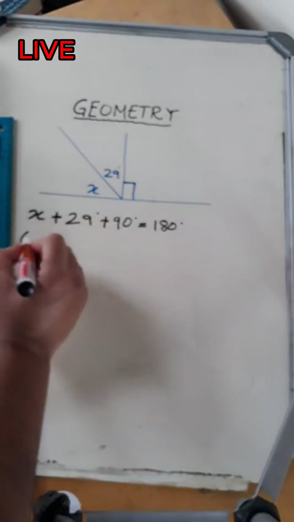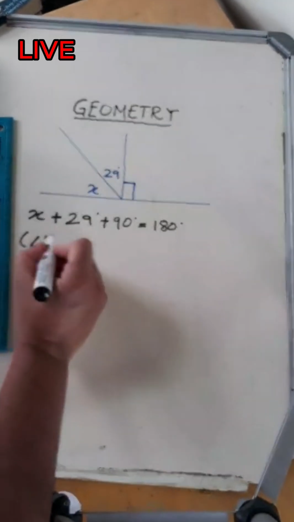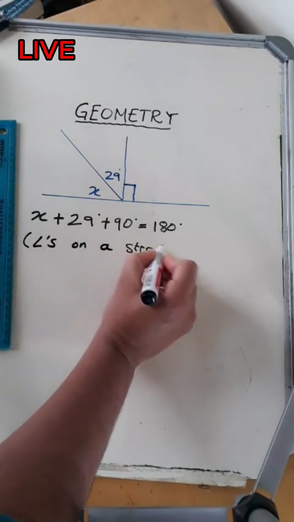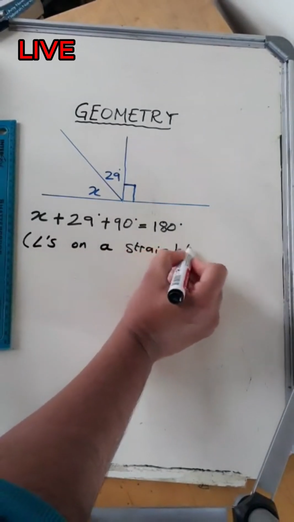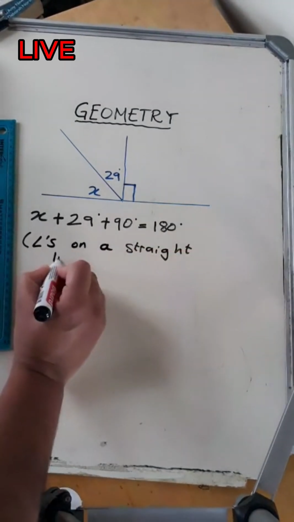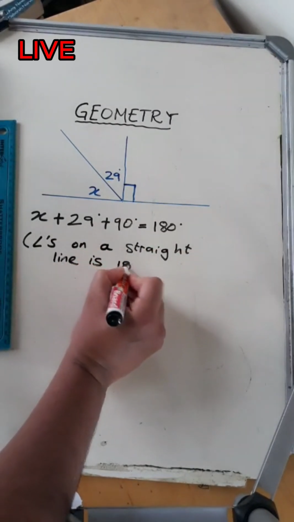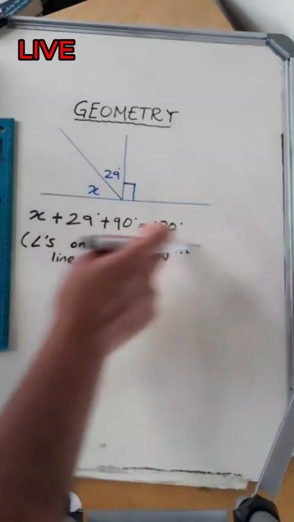The reason for that, I'm going to write it here because I don't want to squash it in there: angles on a straight line is 180 degrees.